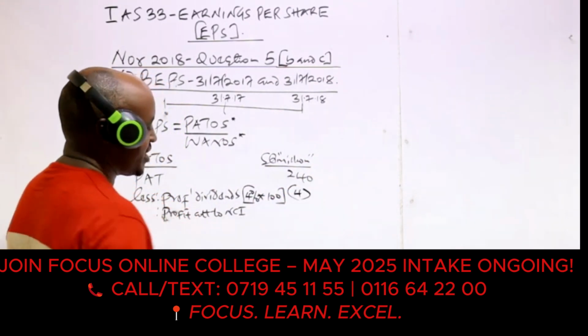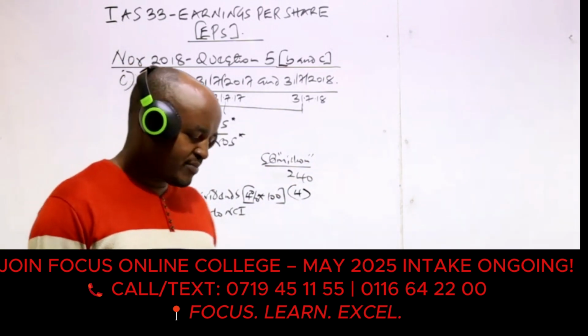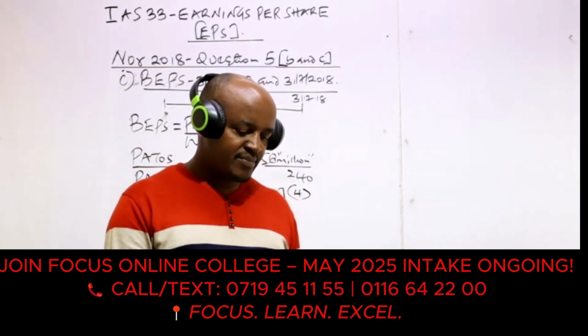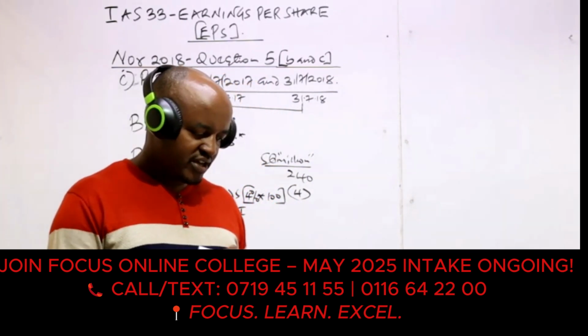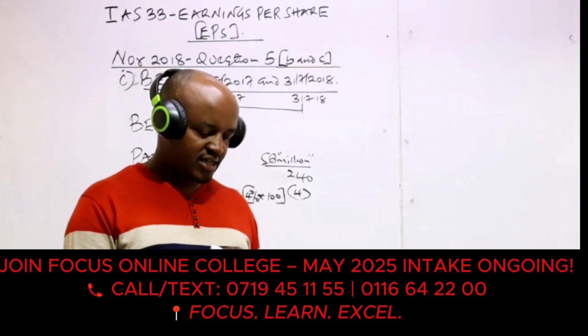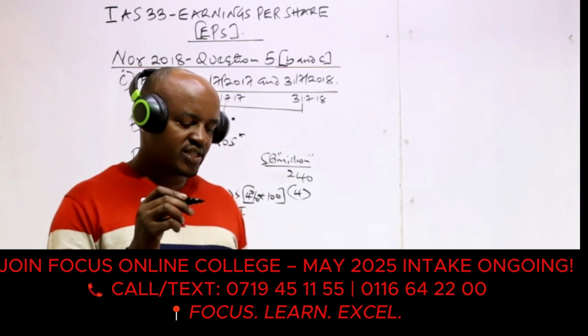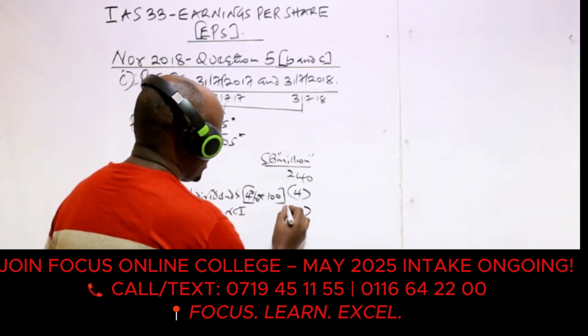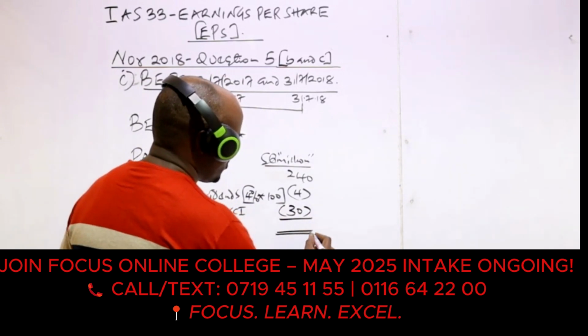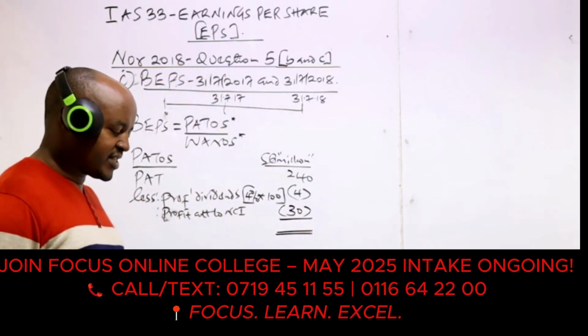Then we also deduct the profit for the year attributable to NCI. That is given in the income statement at paragraph 2. We are given the profit after tax attributable to the owners of the group and also attributable to the non-controlling interest. Our interest here is the profit after tax attributable to the non-controlling interest, which is given as 30 million.